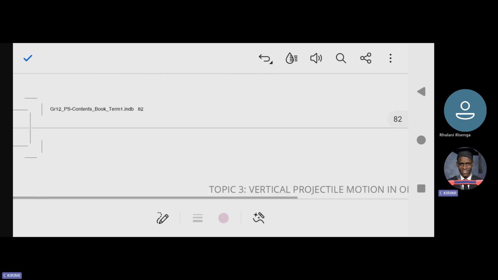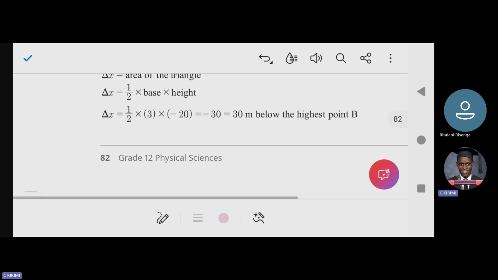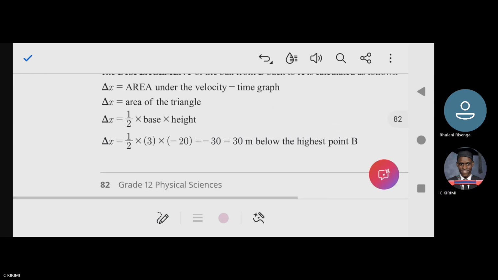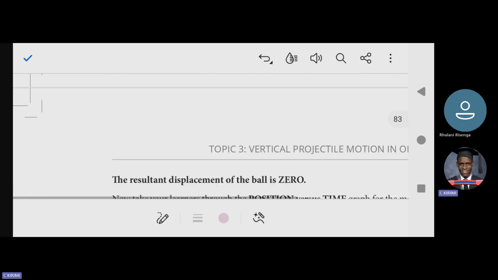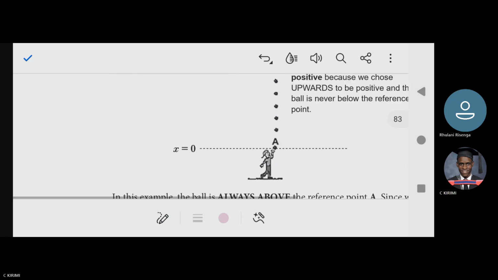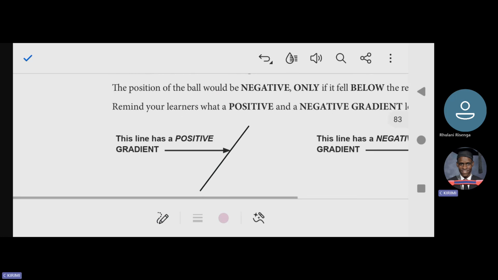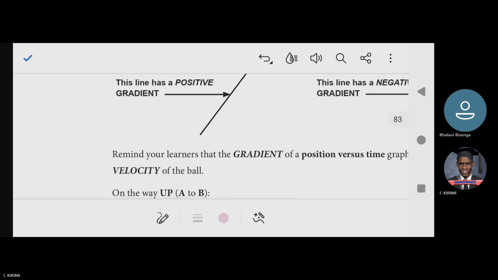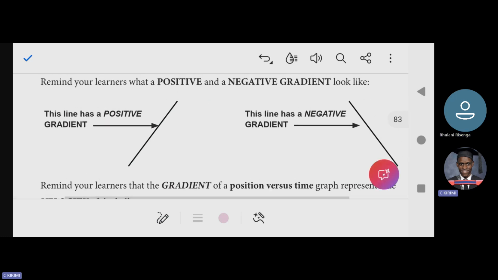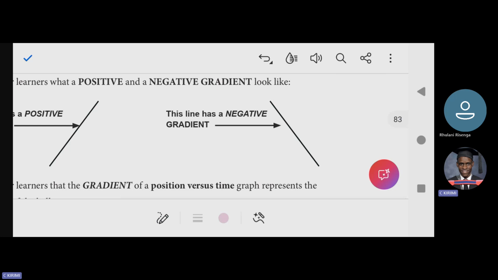So adding the total distance while the object was in motion, it's 60, going to and from, coming to the same position. So some information comes from the graph. How do you know this line has a positive gradient? Because it's sloping upwards. For a negative gradient, the line is decreasing.